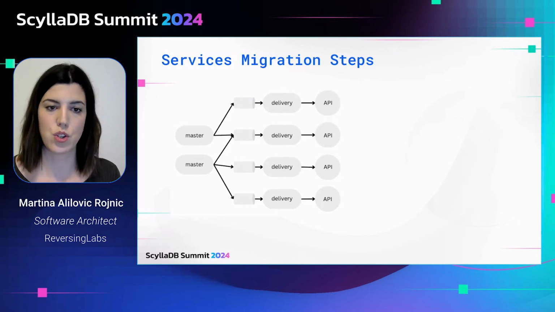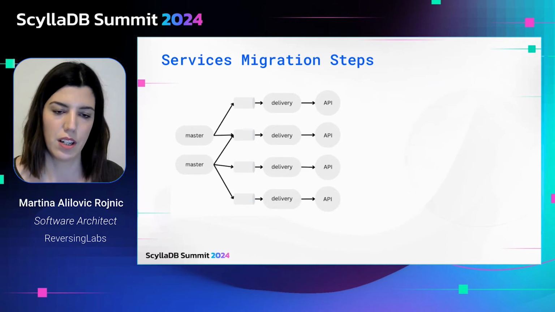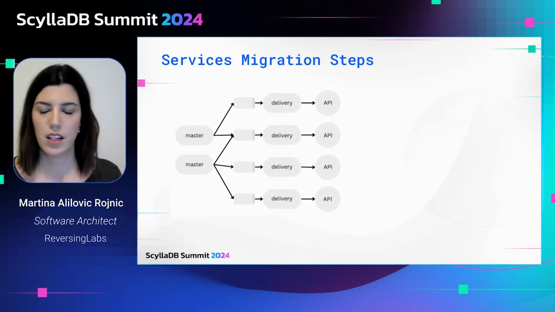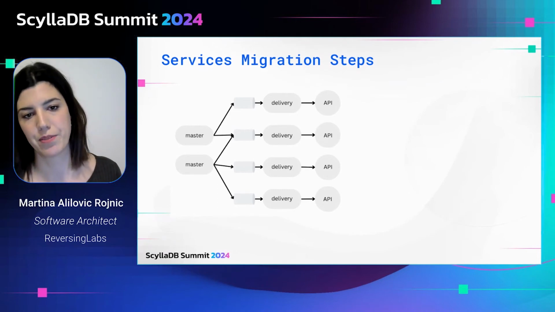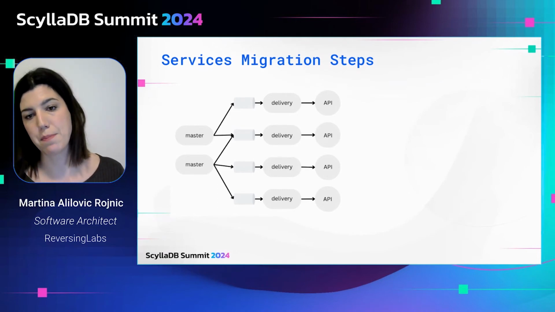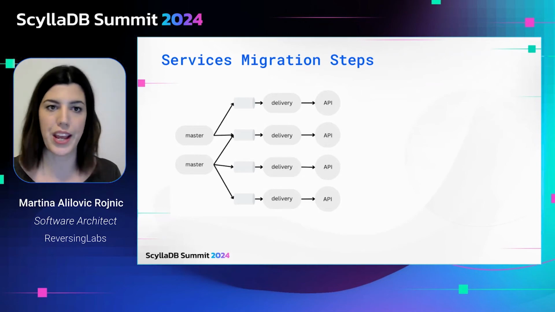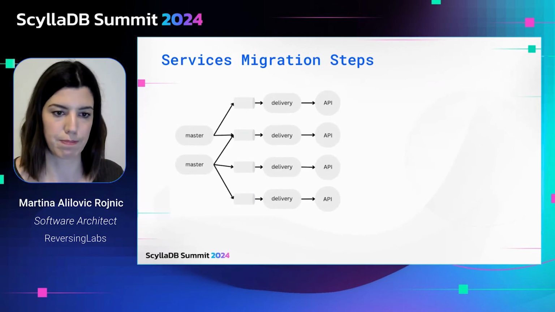So this is like a CQRS principle implemented. We have delivery services that are optimizing the data for the query key. They store the data in their own database, and then we have APIs reading from these new databases and exposing the data to users.